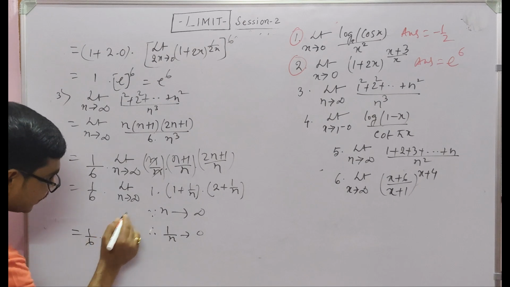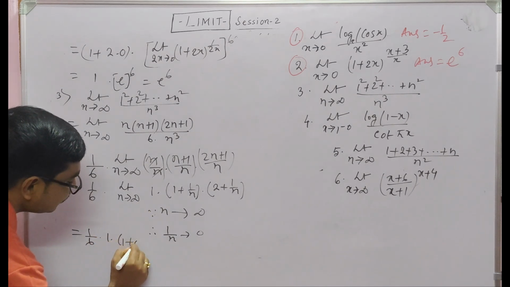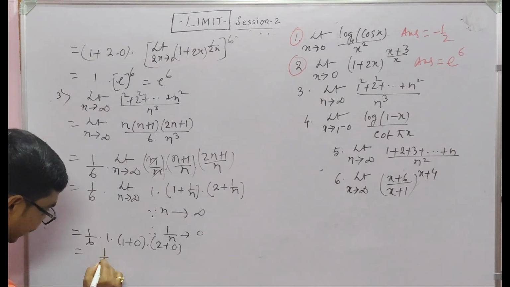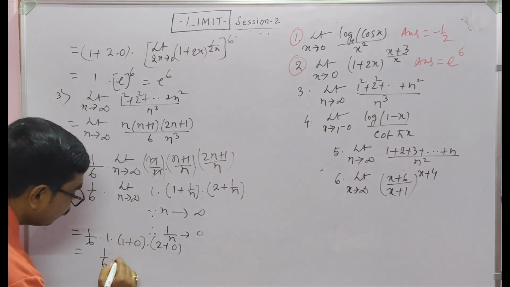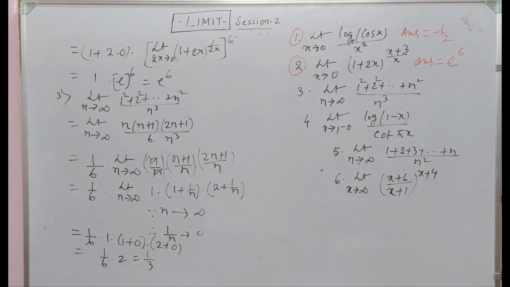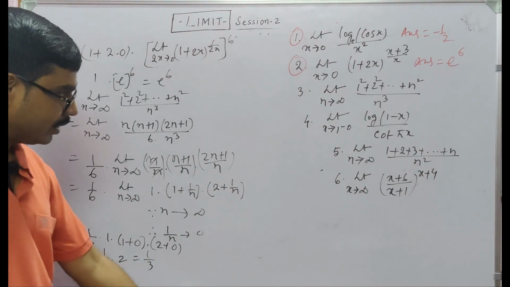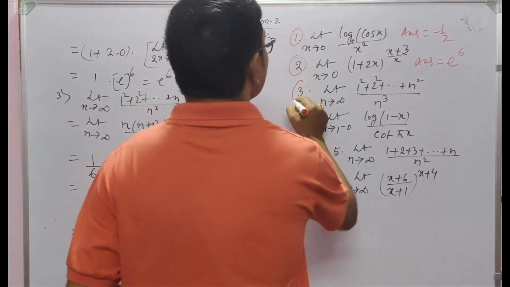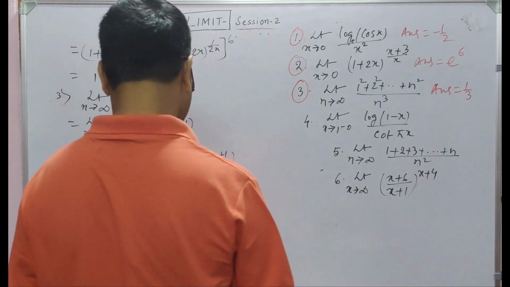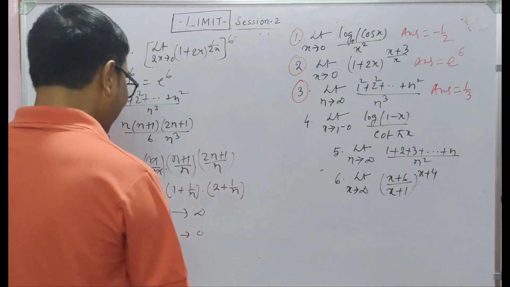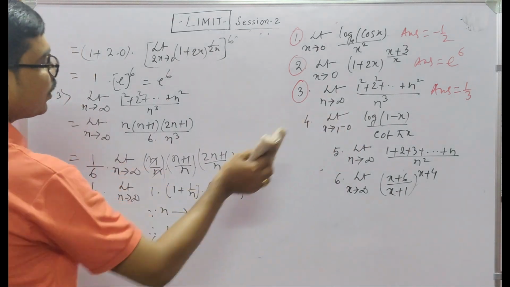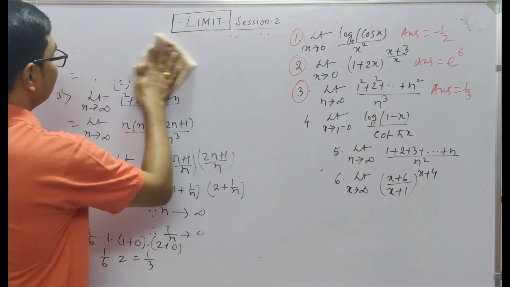So it is 1 by 6 into 1 into (1 plus 0) into (2 plus 0), which is 1 by 6 into 2, that is 1 by 3. So the answer to question number 3 is 1 by 3.